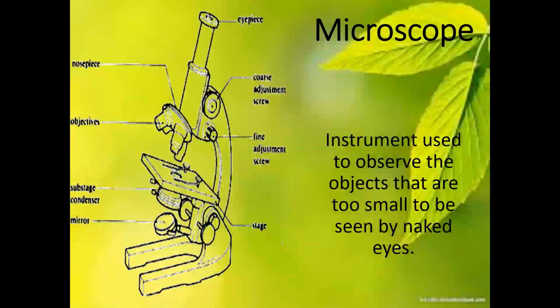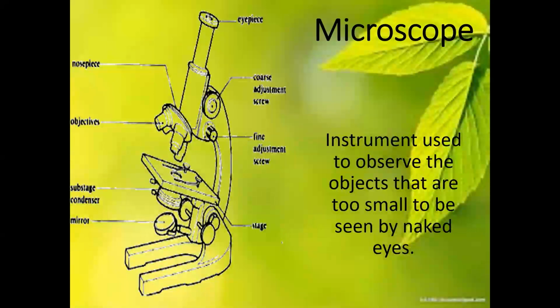Above the stage we find three knob-like structures which are called objectives or objective lenses. They have lenses of different magnification.